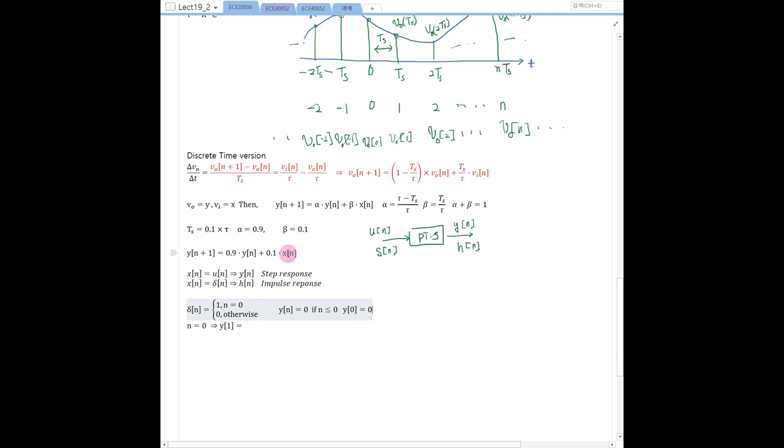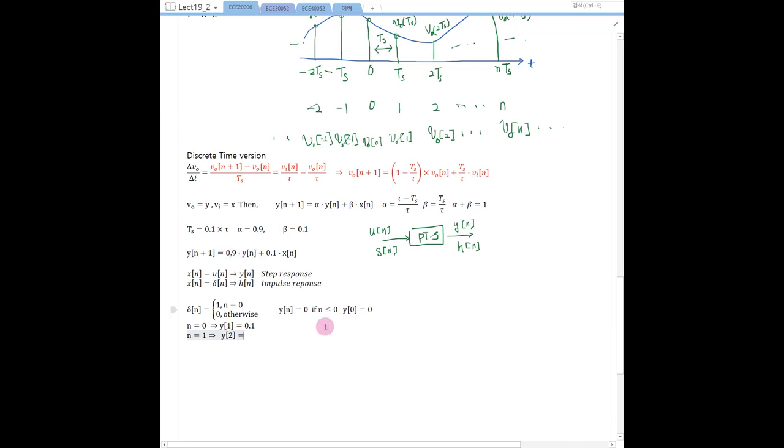So this one is the unit impulse. Because of that, y1 is 0.1. And the next, n equal 1, then y2: now this one is a unit impulse at n equals 0, so it goes to 0, and only the 0.9 remains.